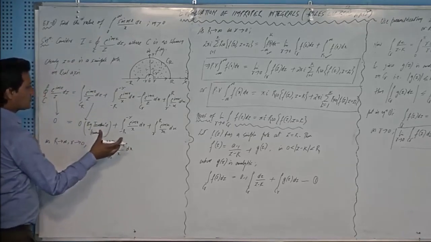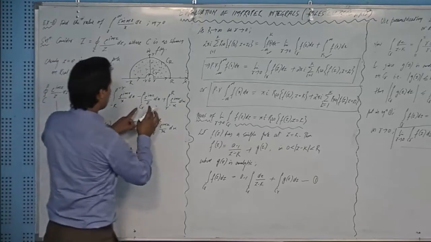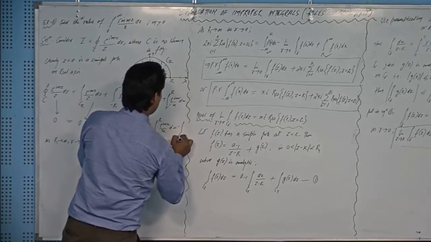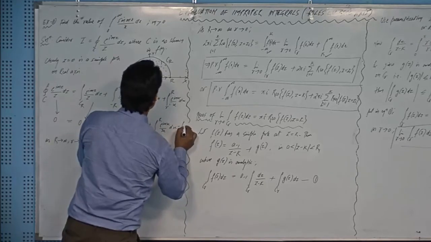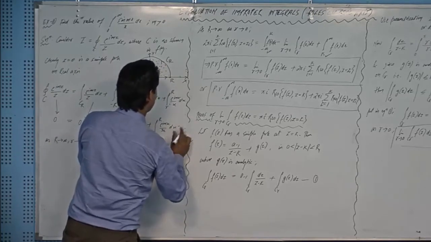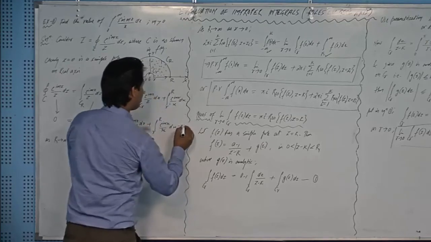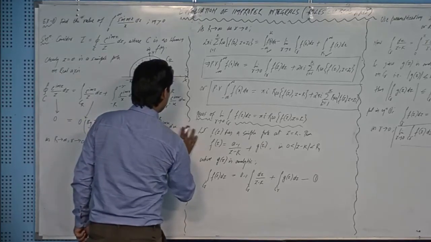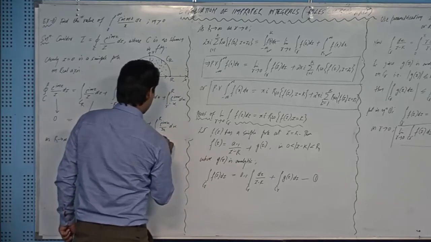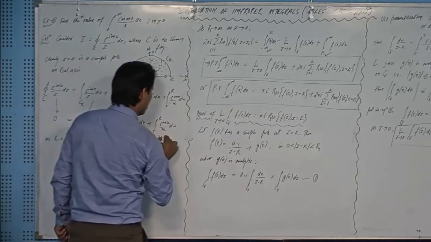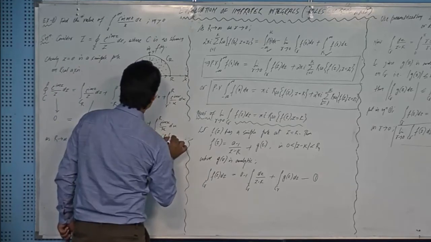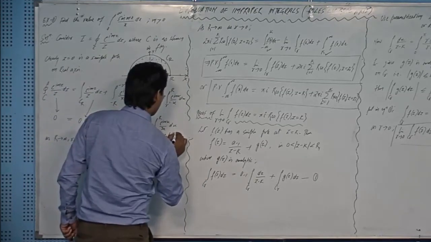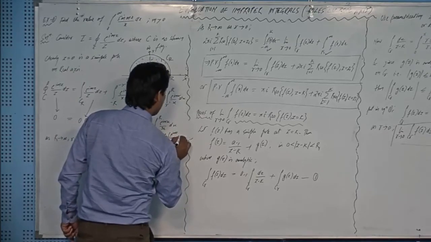And where is that? This one, minus C small r, its value is minus pi iota multiplied by the residue of f(z), your function e to the power iota mz over z, evaluated at z equal to 0.